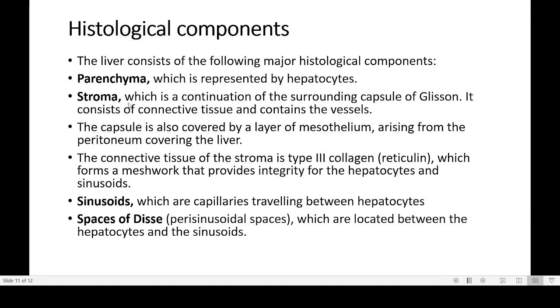So this is the histological arrangement of the liver. Regarding it, you have to explain what is a parenchyma, what is a stroma, and what you mean by sinusoid or space of Disse. So this is an idea regarding the structure as well as the physiology of the liver.